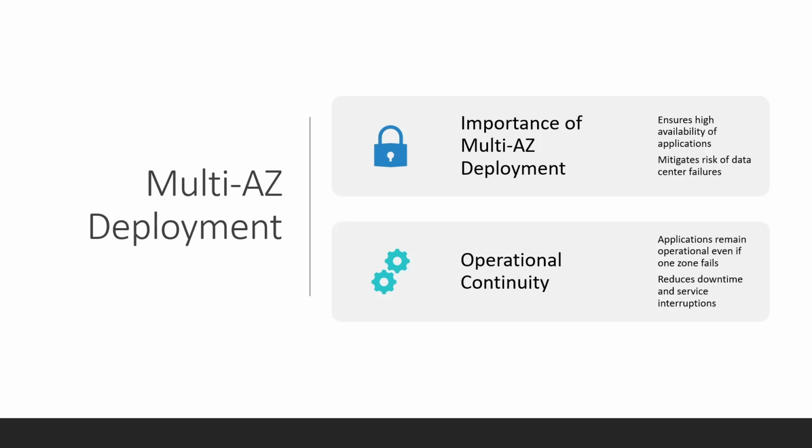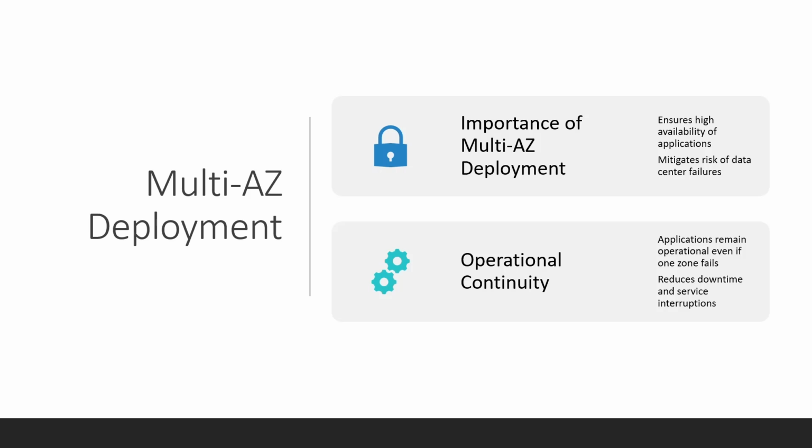This gives you high availability because your resources are spread across multiple availability zones, ensuring that your applications will continue to function even if one of them were to go down, which ultimately minimizes your downtime and maintains your service availability.